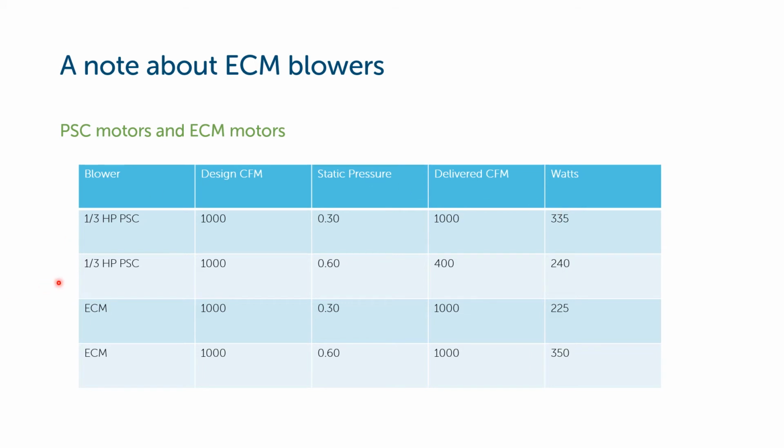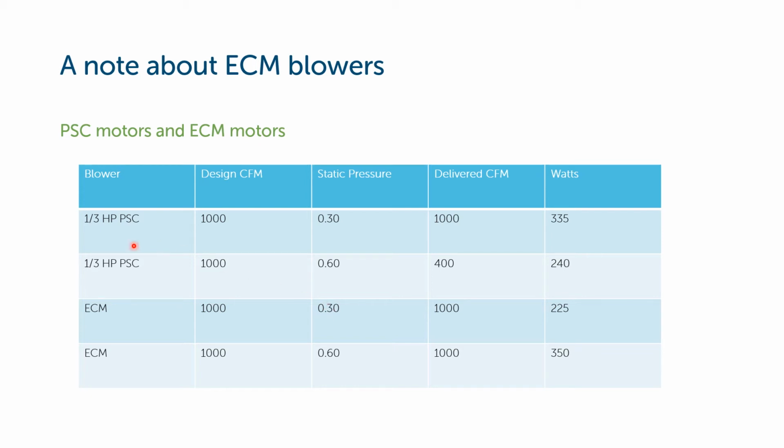If we use an ECM motor designed for 1,000 CFM at 0.3, it's going to deliver 1,000 CFM at 225 watts. So the ECM motor is more energy efficient when it's at design static pressure.